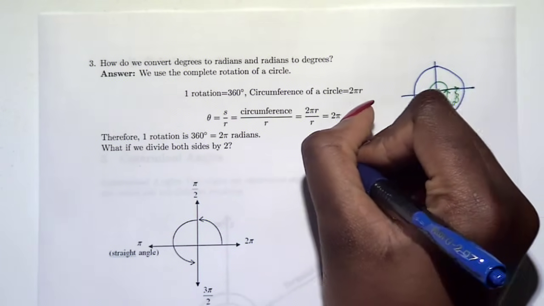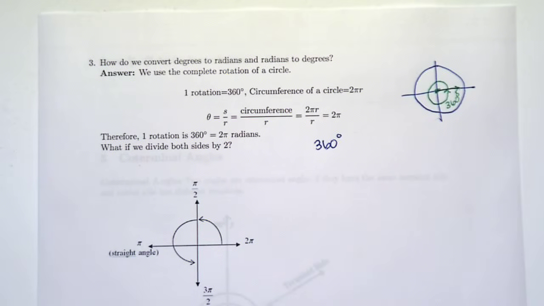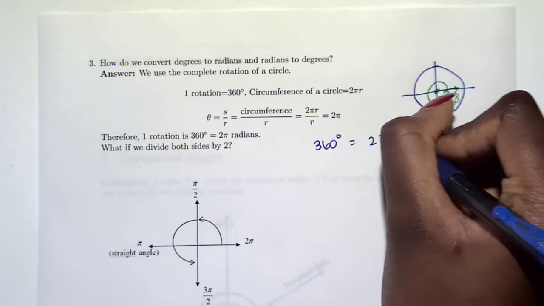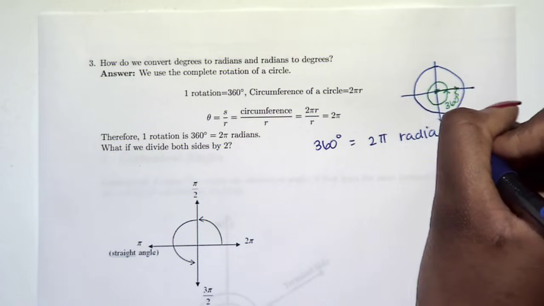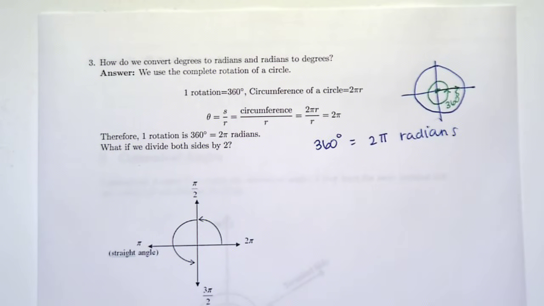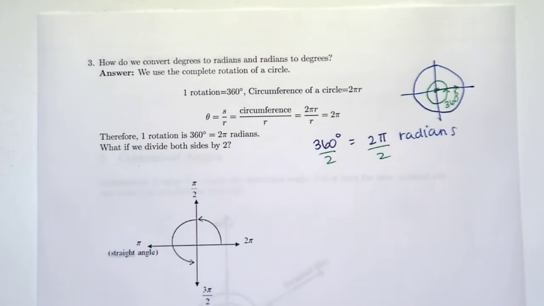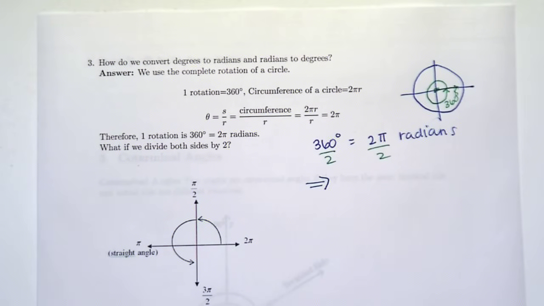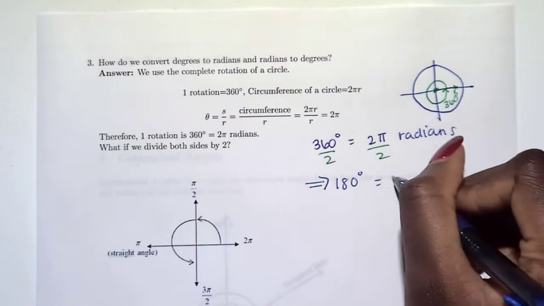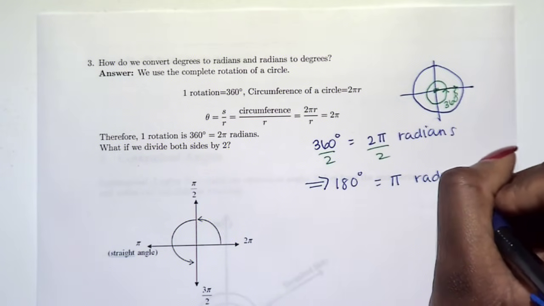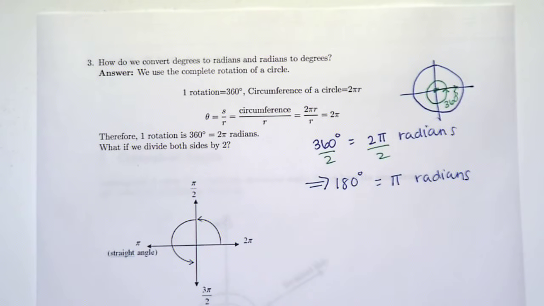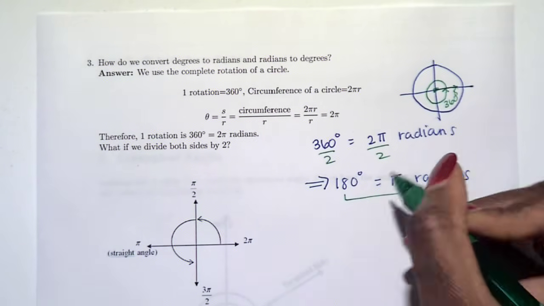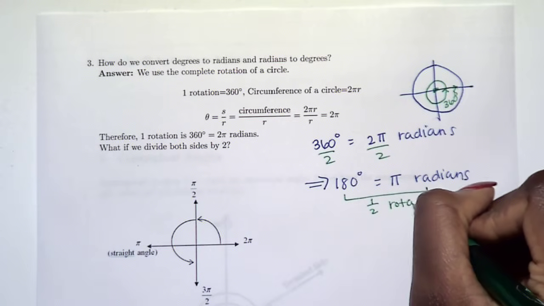So that's what we're going to use to figure out the conversion between radians and degrees. A full rotation is 360 degrees. That is the same thing as 2 pi radians, as we've just discovered. What if we divide both sides by 2? Well, we get 180 degrees is the same as pi radians. This tells us one half of a rotation around our circle.